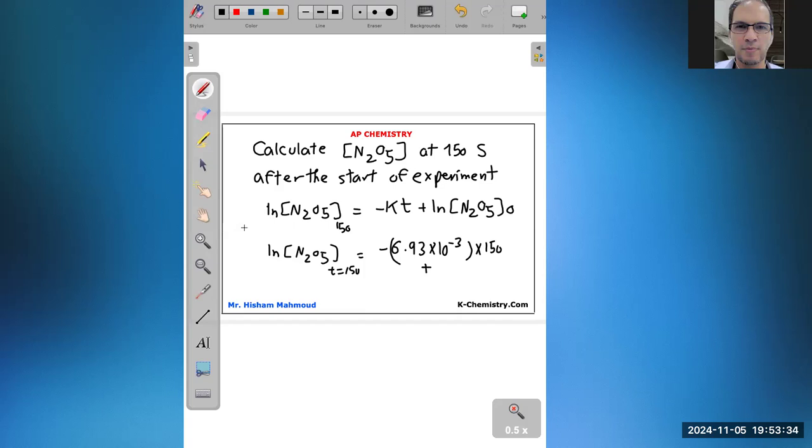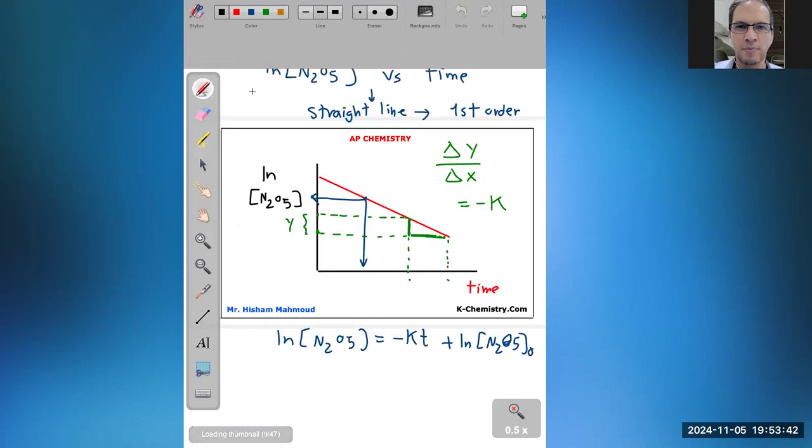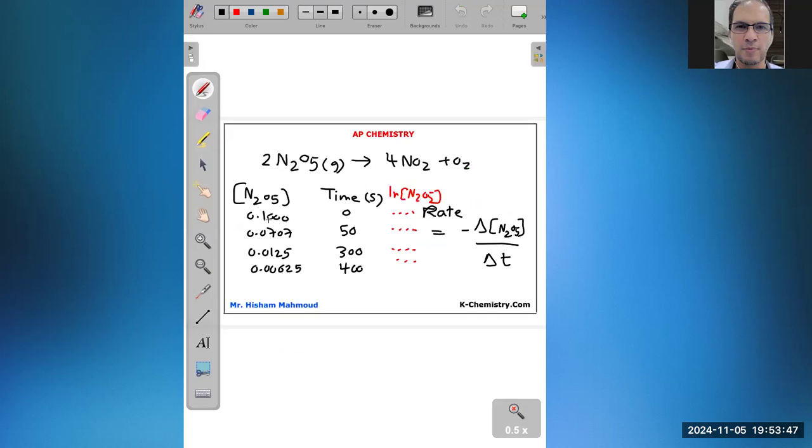And add this to the ln of the concentration at 0. What was the concentration at 0 from that table? At 0, it was 0.100. So at time 0, it was 0.1.